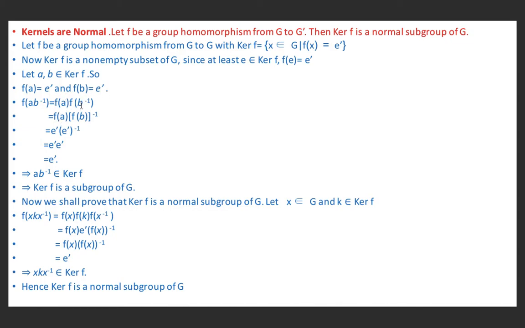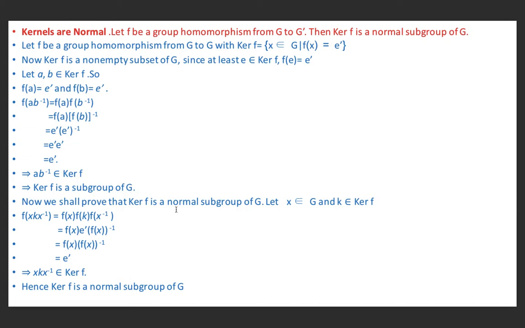F of B inverse is F of B inverse again by the property of a homomorphism, and F of B is E dash, so it is E dash inverse. This is E dash times E dash, which is E dash. It means F of A B inverse is equal to E dash, and by the definition of kernel, A B inverse belongs to the kernel of F. It means the kernel of F is a subgroup of G.